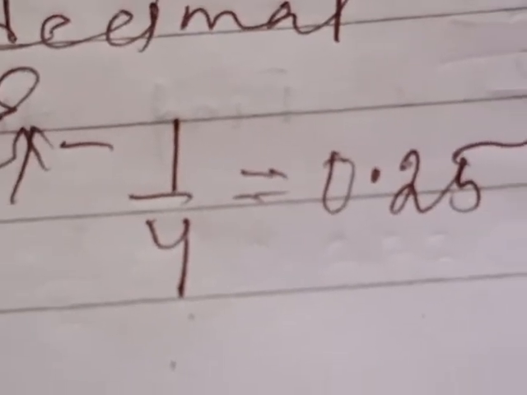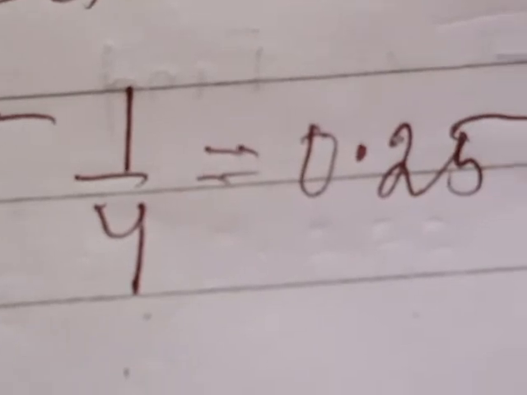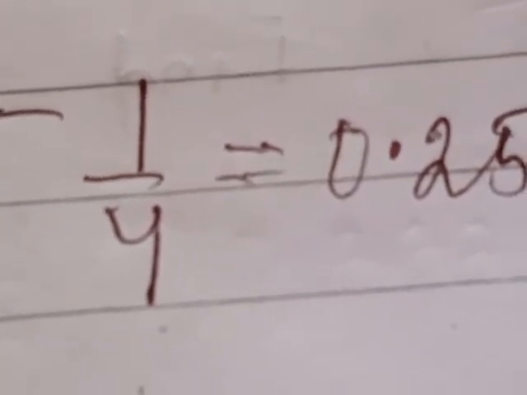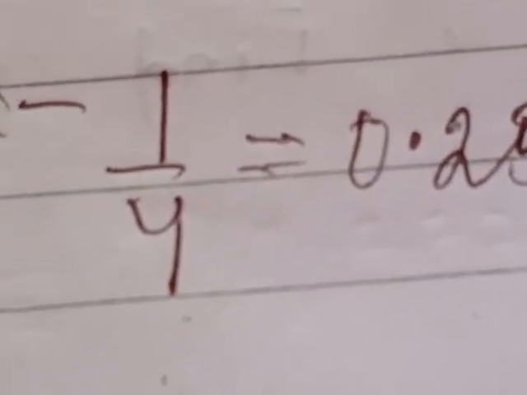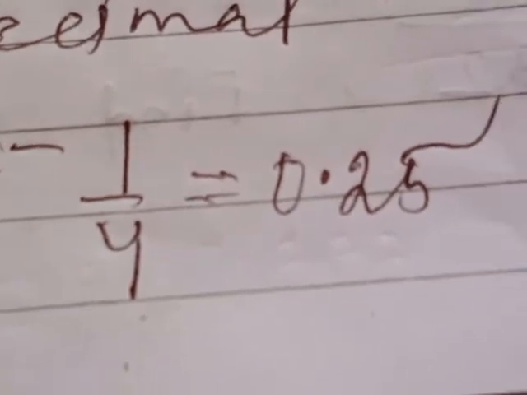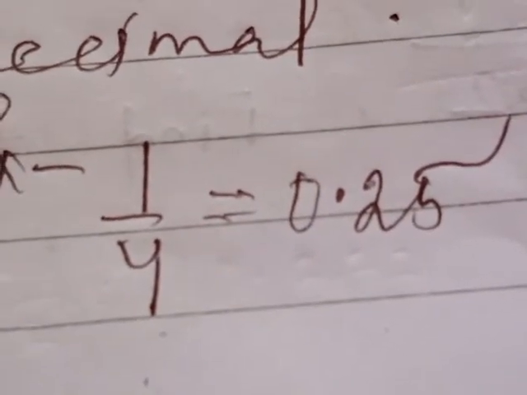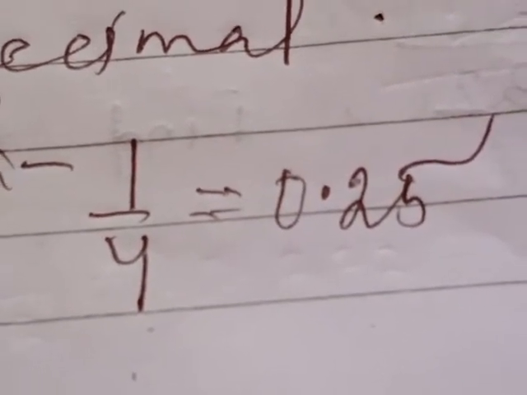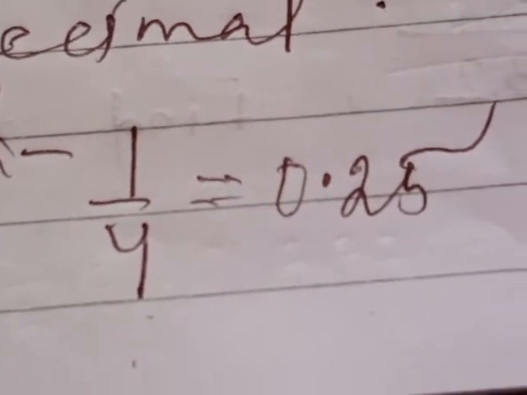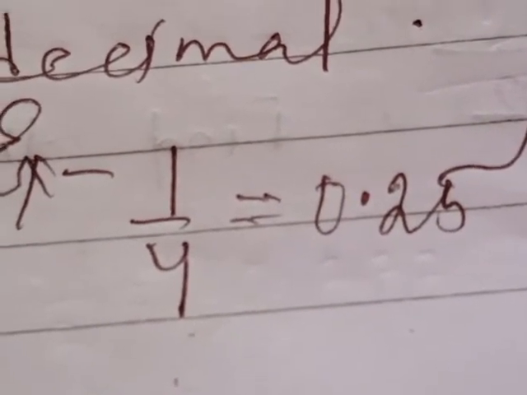So it is saying that if the denominator of a fraction has only the prime factor 2 or 5 or both 2 and 5, then such a decimal is always a terminating decimal number.